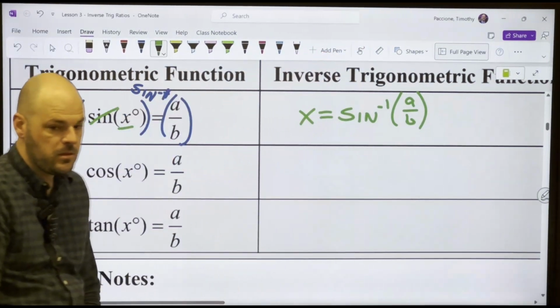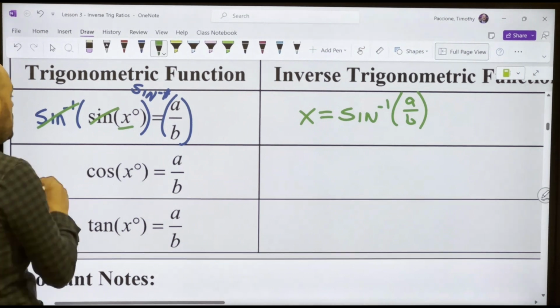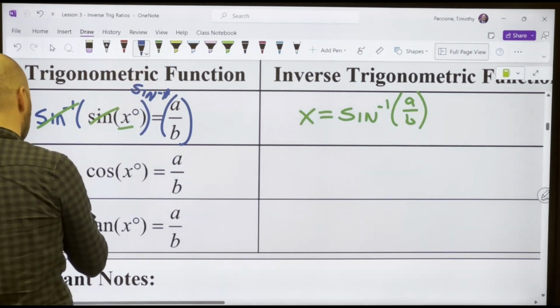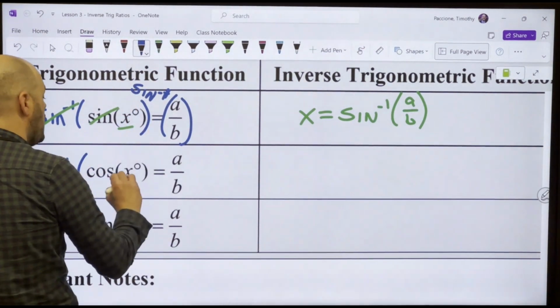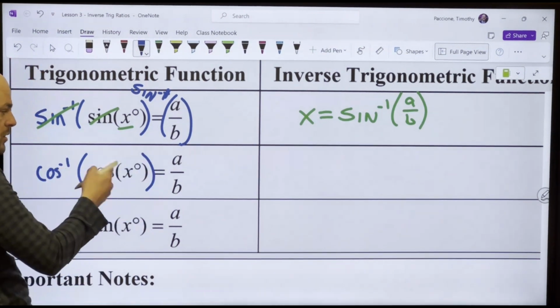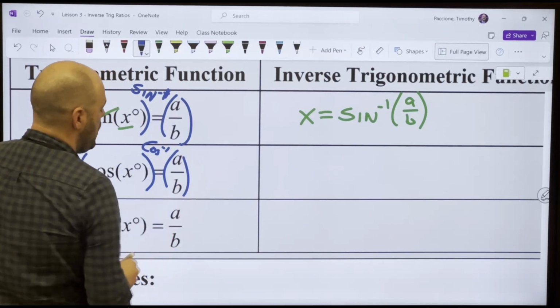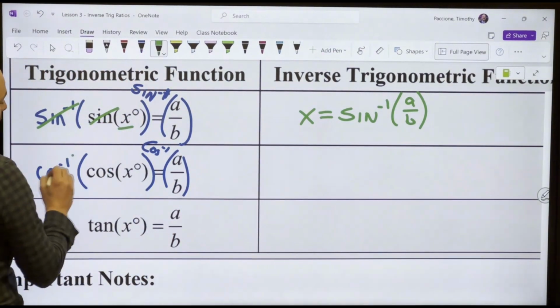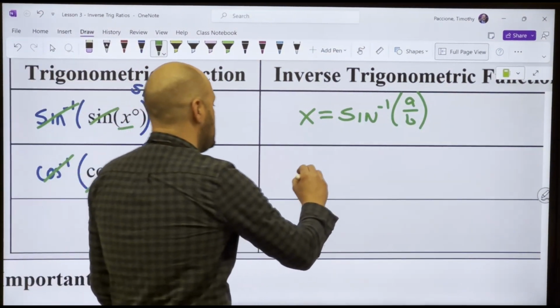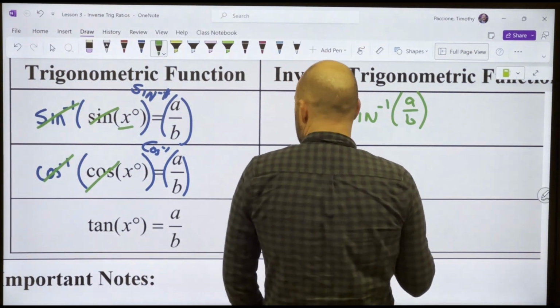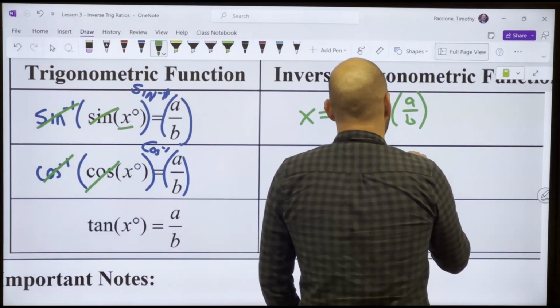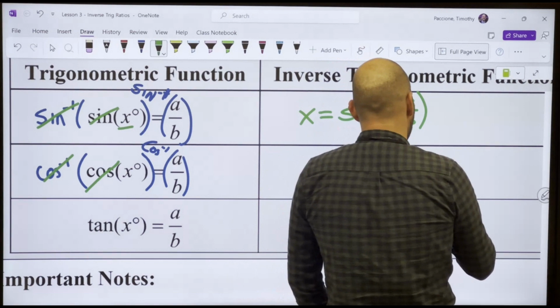Okay? Same thing for cosine. Cosine to the negative 1 of cosine of x, those will cancel. Cosine to the negative 1 of a over b. Cancel, cancel, and I get just x on that side, and then I have cosine to the negative 1 of a over b.